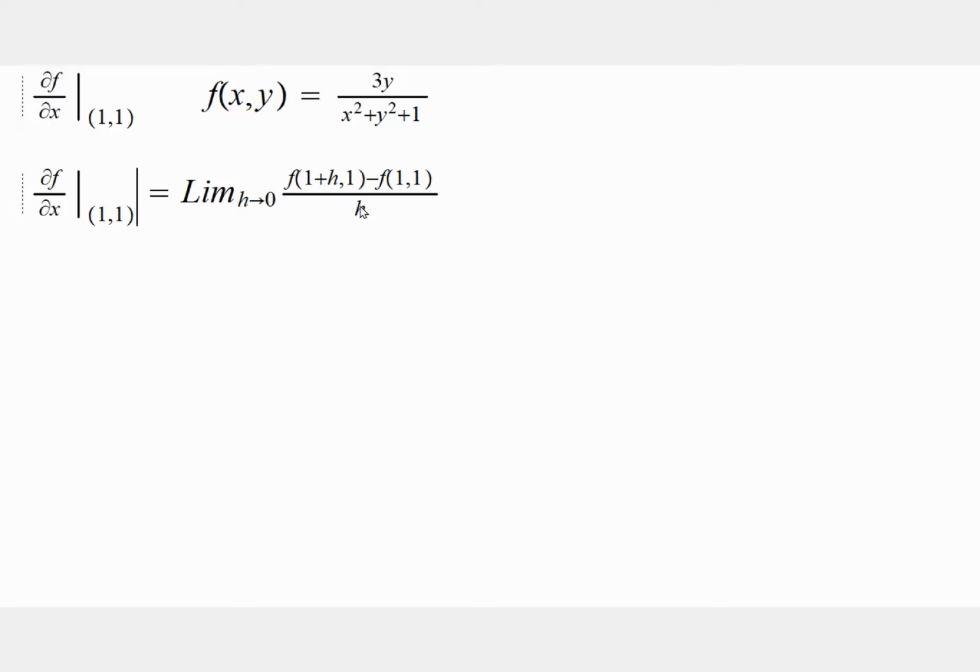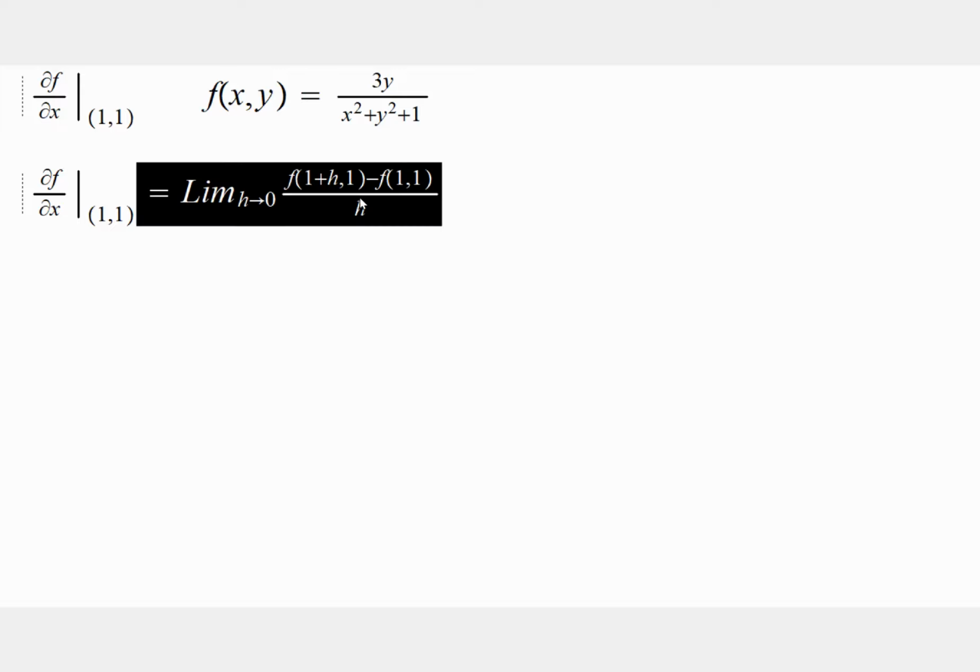In the denominator, we have the change in x, because x is the only variable we are letting change, and y is held constant at 1. And we are letting x vary by h and letting h go to 0.